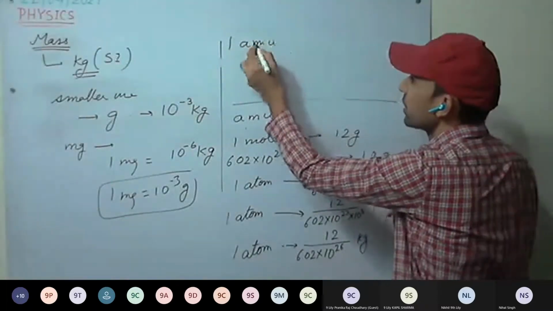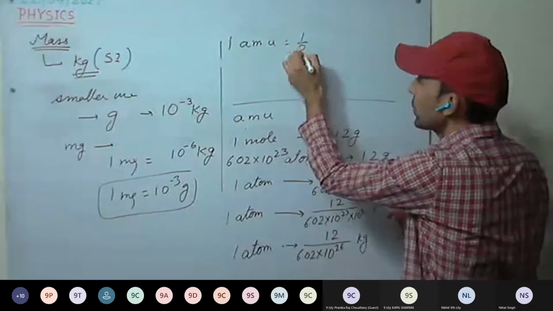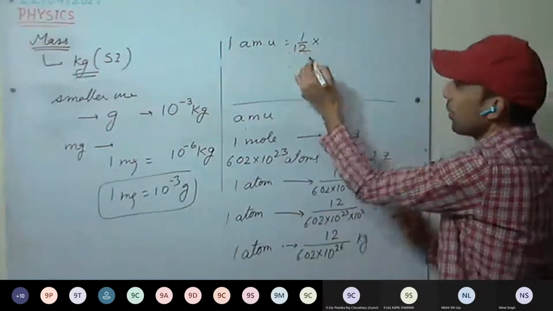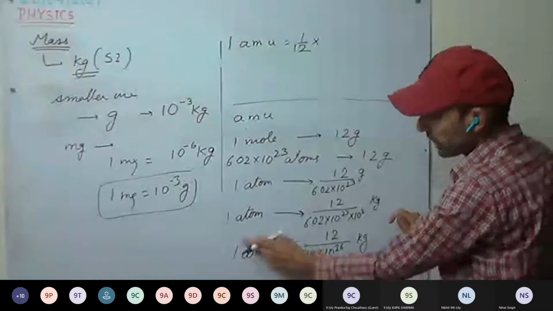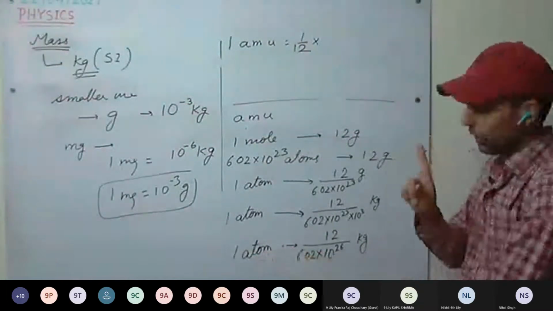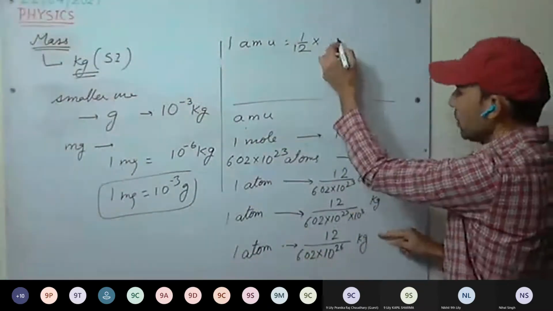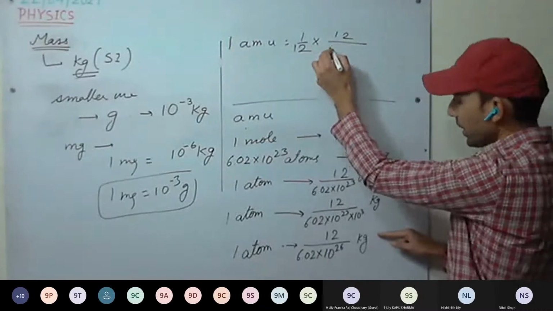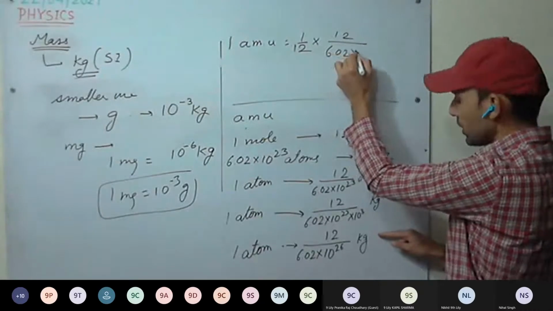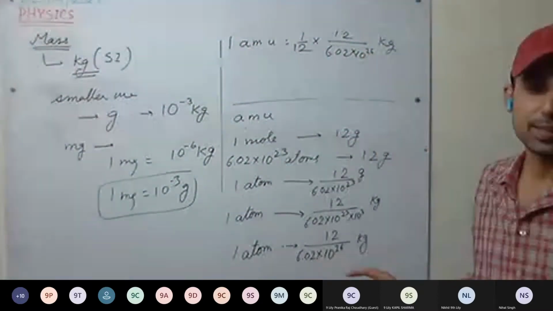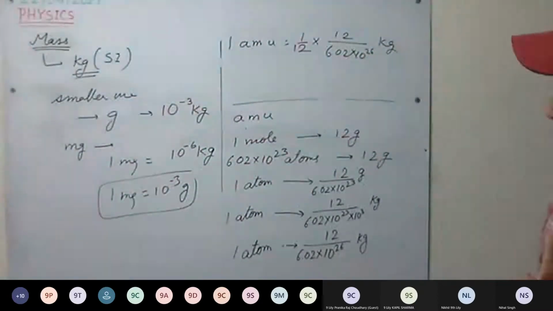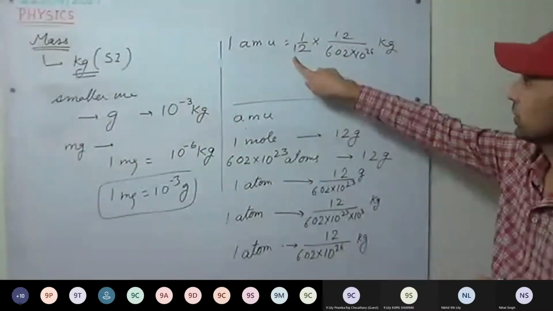It is 1/12 of the mass of one C12 atom. So it is 1/12 into 12 divided by 6.02 into 10 raised to power 26 kg. This will be the mass of 1 AMU.